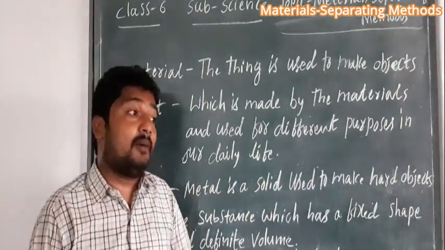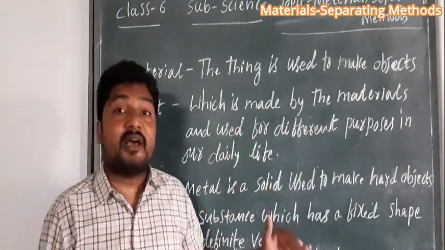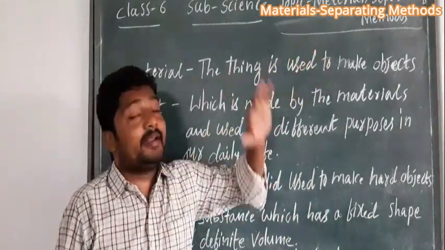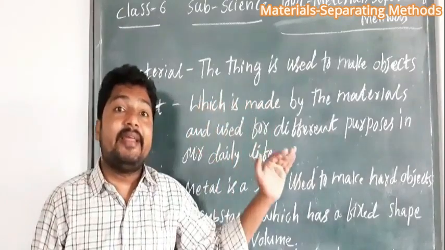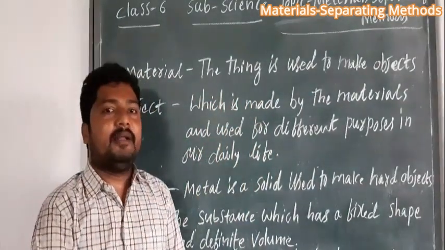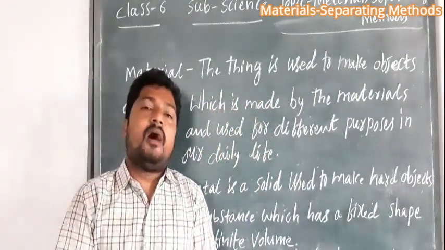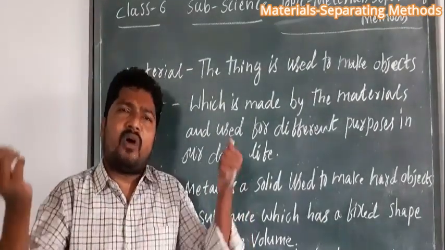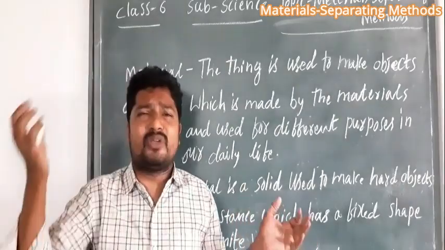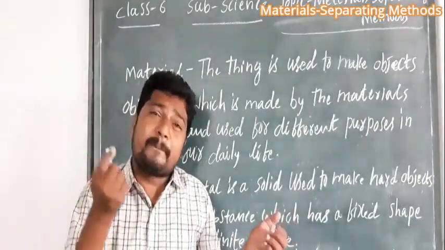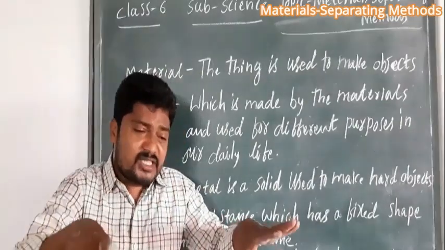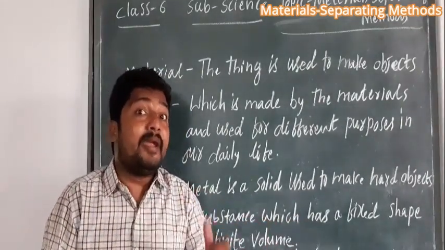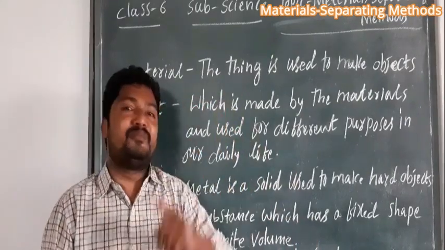So these are the basic things which we need to know about materials separating methods in daily life. For example, children, if you take any watch or mobile or TV or any material, even the fan or pen, you just observe these things and tell me how many materials are made together to make one object.